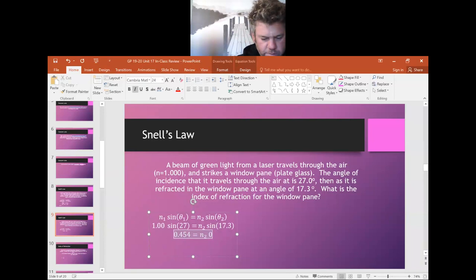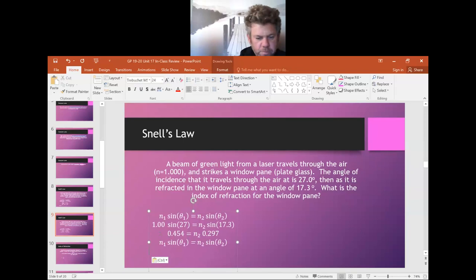That's 0.297. To get n2, that equals 0.454 divided by 0.297.